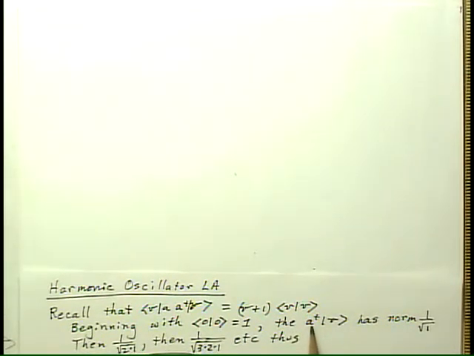Then it follows that the next vector, A dagger times nu, right here, will have a normalization which must be the square root of this number here, and nu there is 0, so we have 1 over the square root of 1. Again, let me go through that.